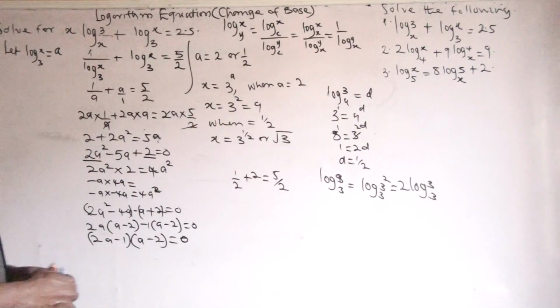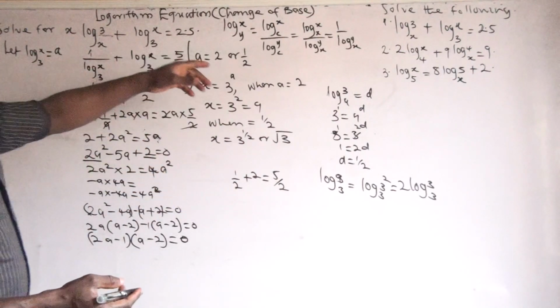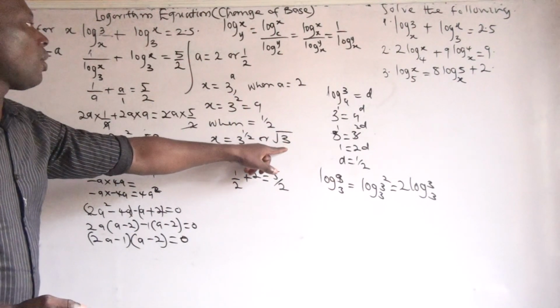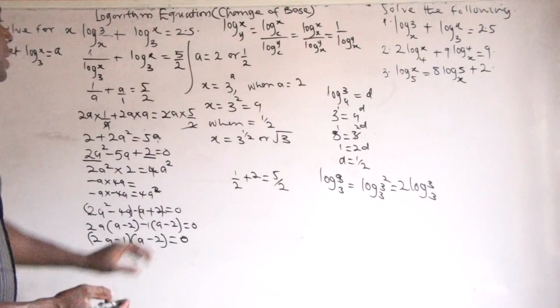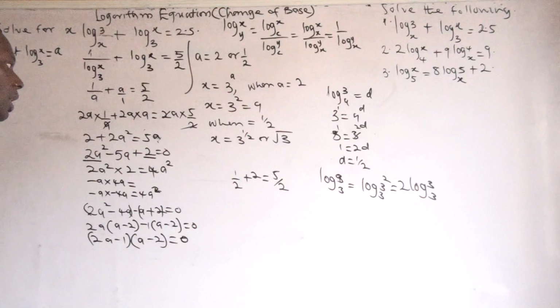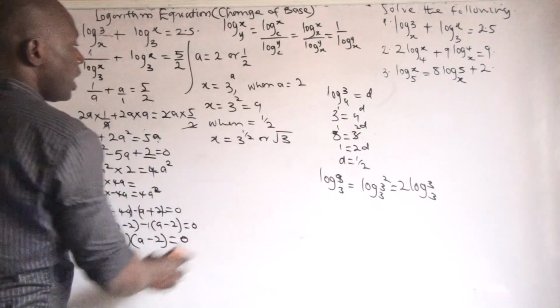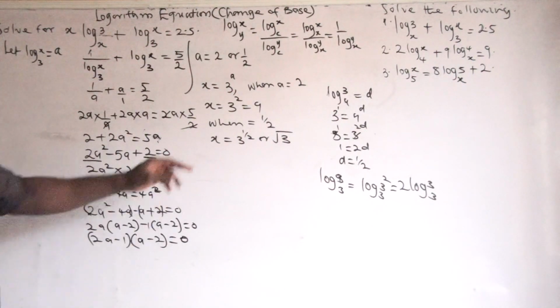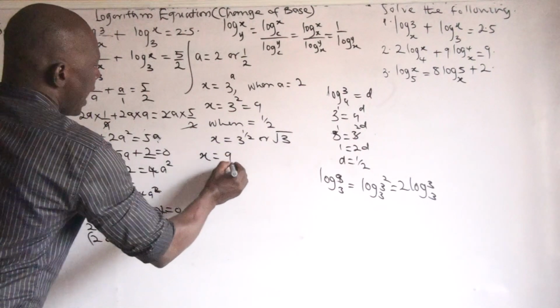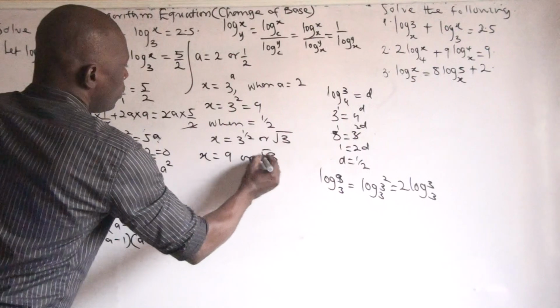Similarly, if we try this with x equal to root 3, we are still going to arrive at this answer. So these are the two possible solutions to these questions: x is equal to 9 or root 3.